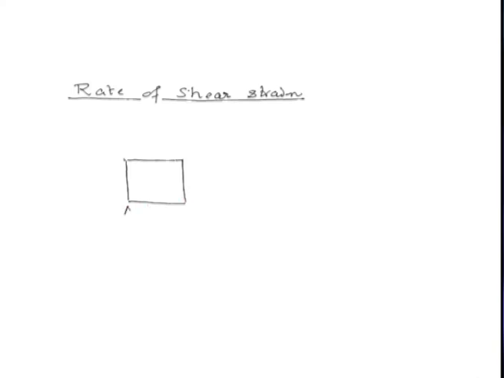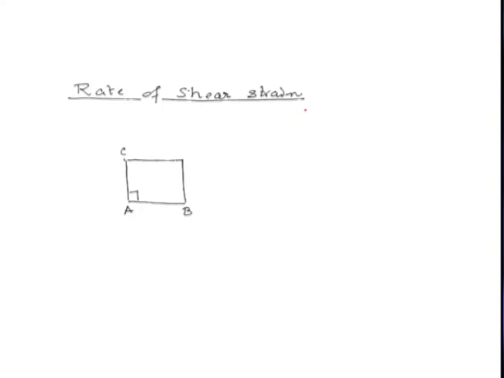Suppose we call these segments AB and AC, which were initially perpendicular. What happens to the change in the angle as this fluid element deforms under the effect of the velocity field?